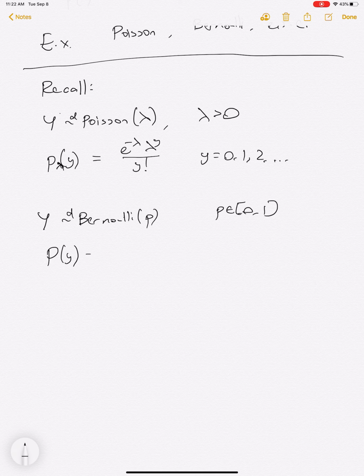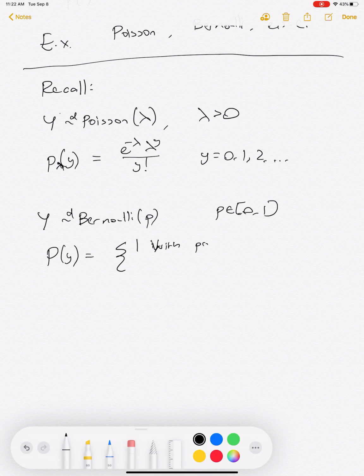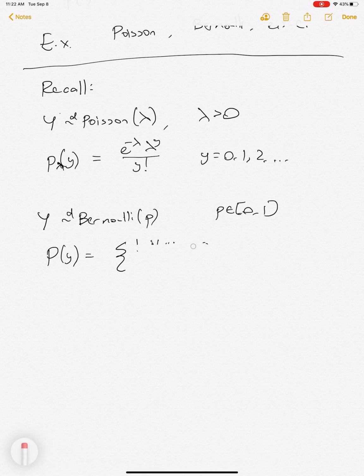So one way to write this: it's equal to 1 with probability p, and 1 minus p for y equals 0.